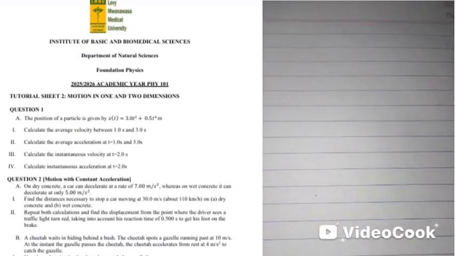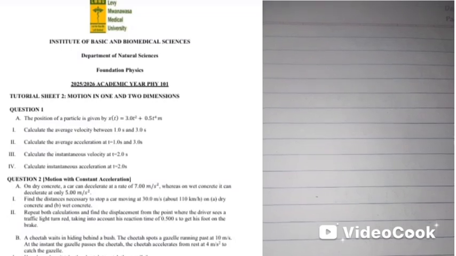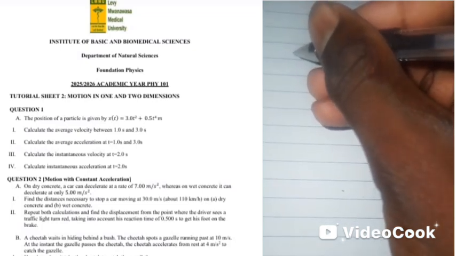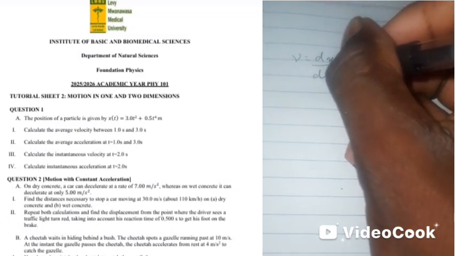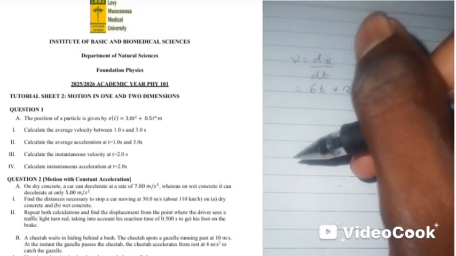Okay, now let's look at part 3 of the question, which is telling us to calculate the instantaneous velocity at t equals 2 seconds. Instantaneous meaning at that exact instant. We already established that velocity is equal to dx dt, and we found that the equation is 6t plus 2t raised to the power of 3. Now we want to find the instantaneous velocity when t equals 2 seconds.